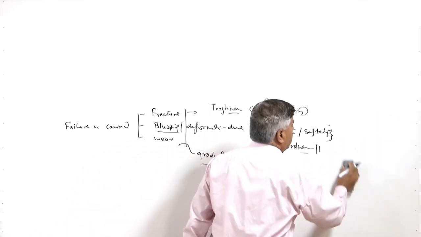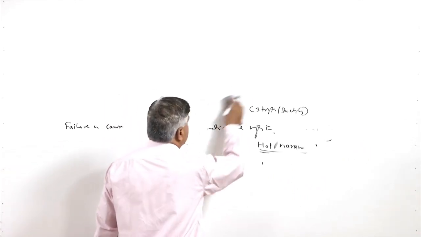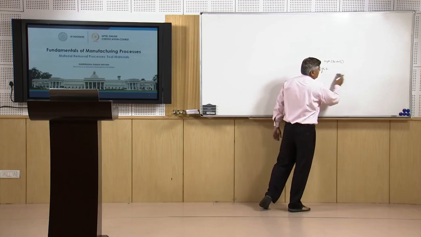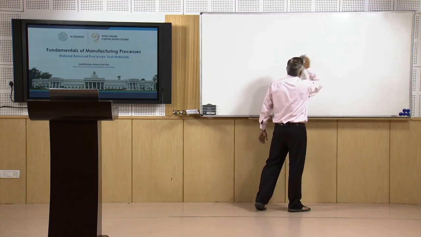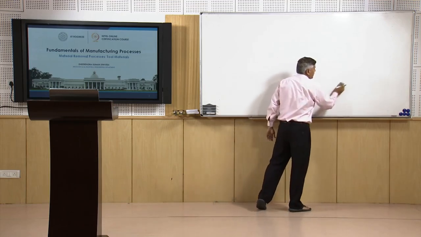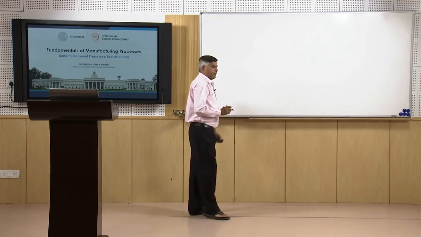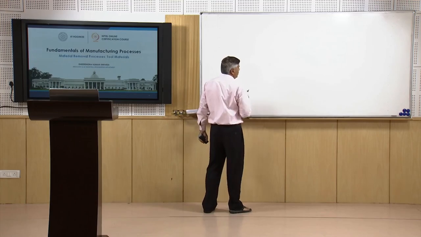So, considering these three requirements to avoid failures, the cutting tool material must have three important properties: hot hardness, toughness, and hardness to resist wear, so indirectly we can say good wear resistance.